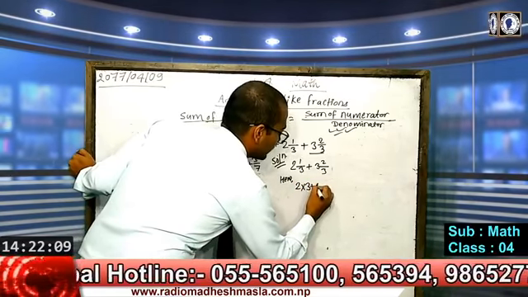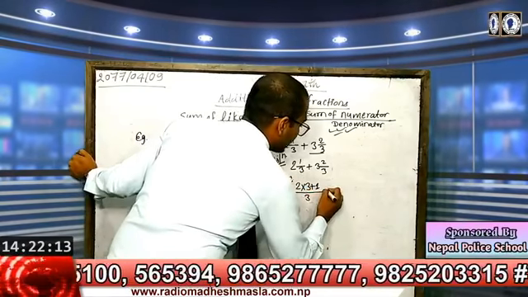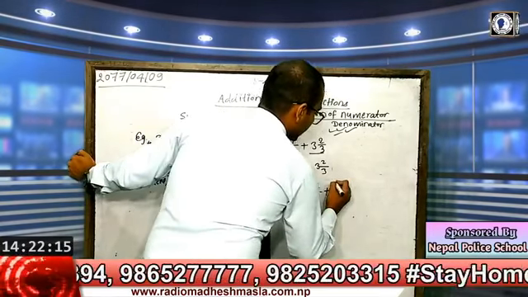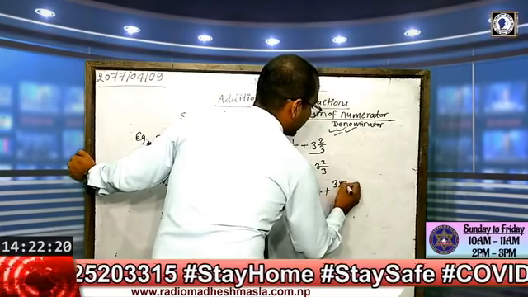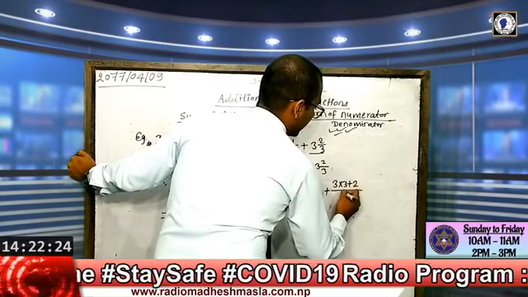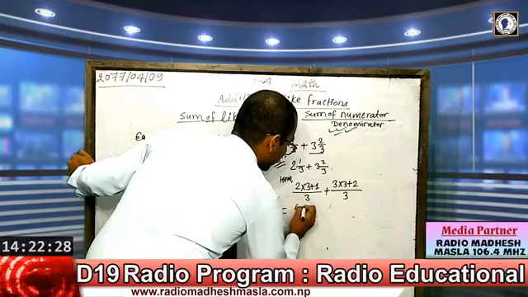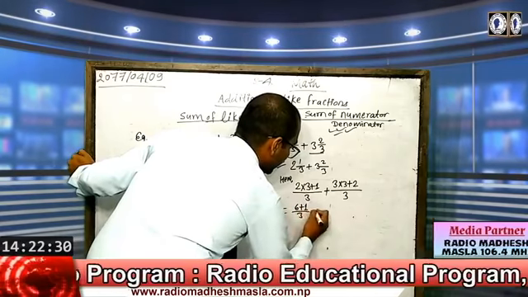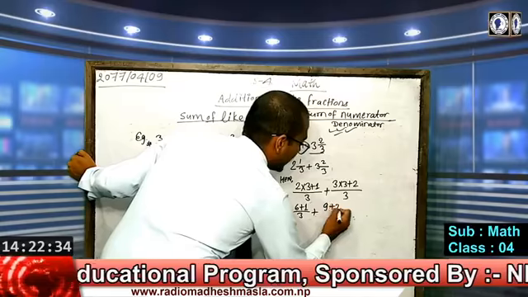So 2 into 3 plus 1 by divisor, that means 3. Then after the plus, quotient is 3, divisor is also 3, and the remainder is 2. So we get 6 plus 1 by 3 plus 9 plus 2 by 3.